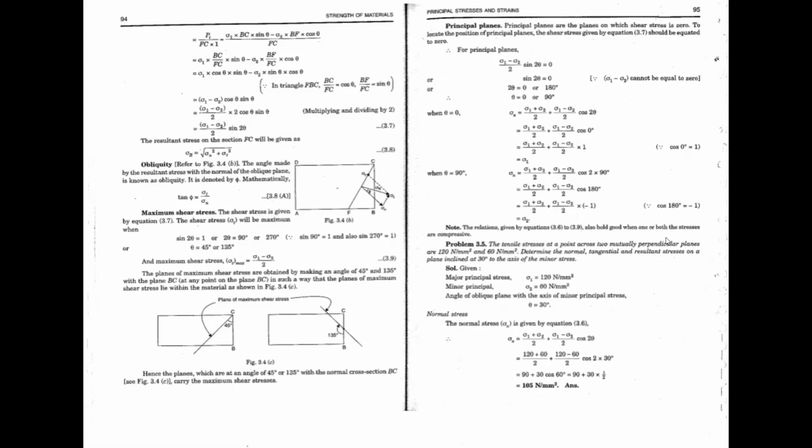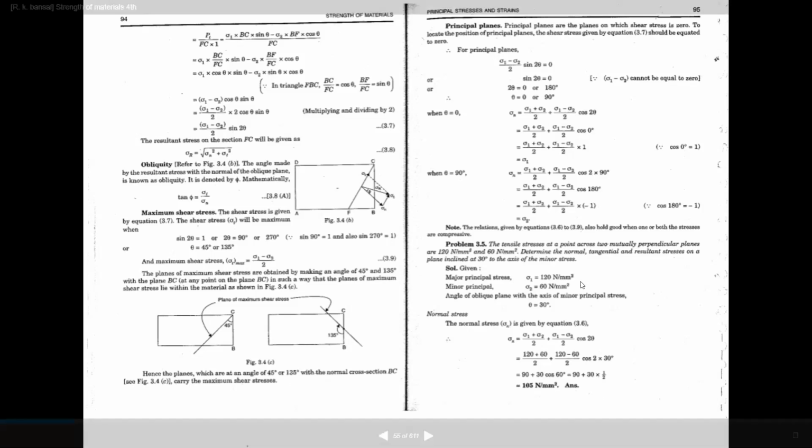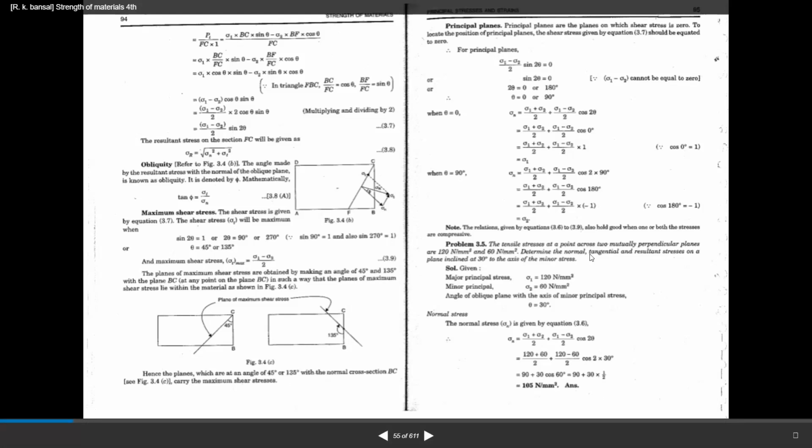Determine the normal, tangential and resultant stress on a plane inclined at 30 degrees to the axis of the minor stress. This is the problem to mainly calculate the normal stresses, tangential stresses and resultant stresses.